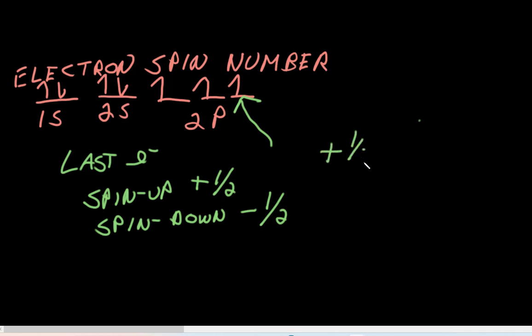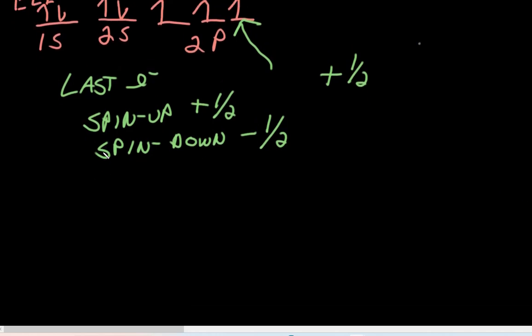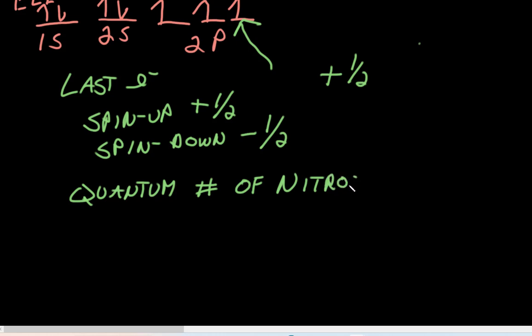So now if we want our quantum numbers for nitrogen, we have to put all of these together. So the quantum numbers of nitrogen are what we found from above. Our principal was 2.